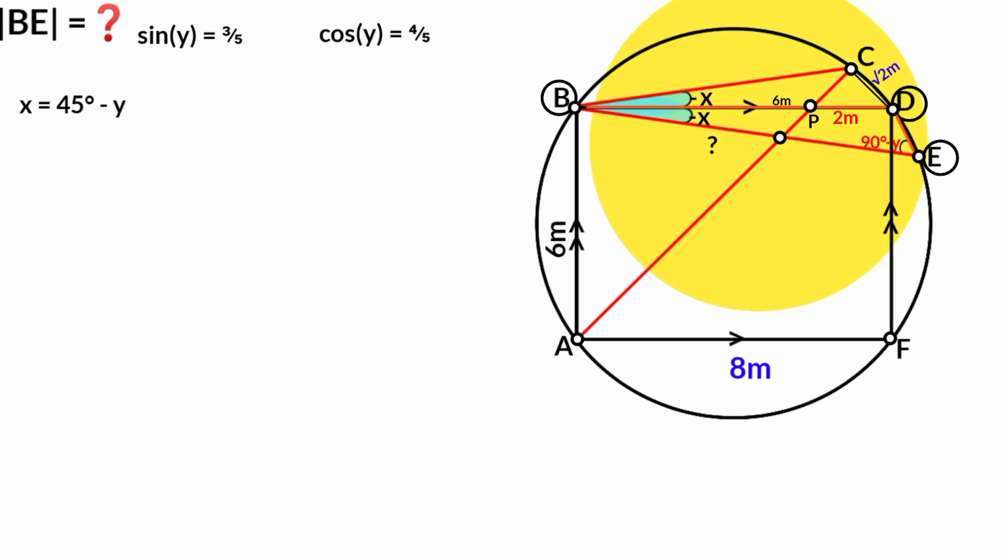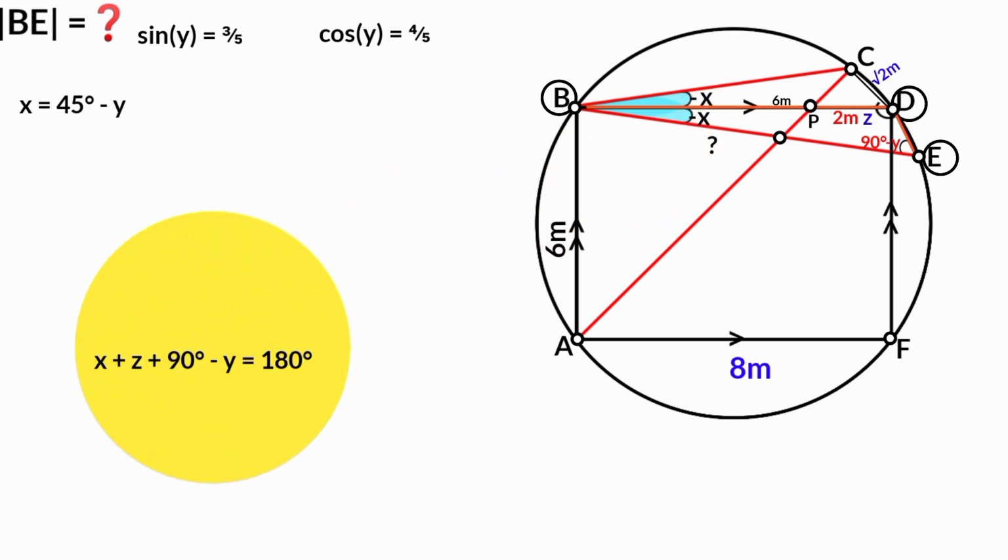Now look at this triangle BDF. Assume the size of this angle to be z. Based on the rule that the summation of angles in a triangle is 180 degrees, if we sum up this z, this 90 degrees minus y, and this x, they'll be equal to 180 degrees. So x plus z plus 90 degrees minus y equal to 180 degrees. Take x, 90 degrees and minus y to the right.